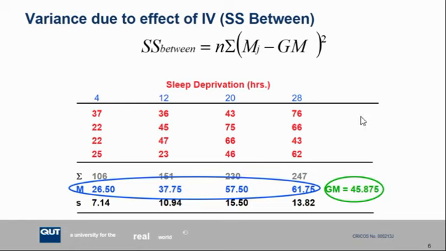And this variance comes from calculating the mean for each condition, and how far those means are away from the grand mean. That is the variance that's due to the effect of the IV, or the effect of being in these different sleep condition groups.